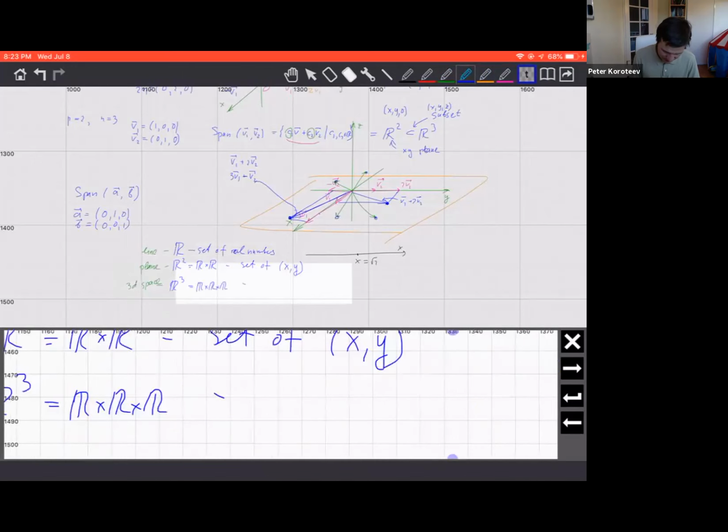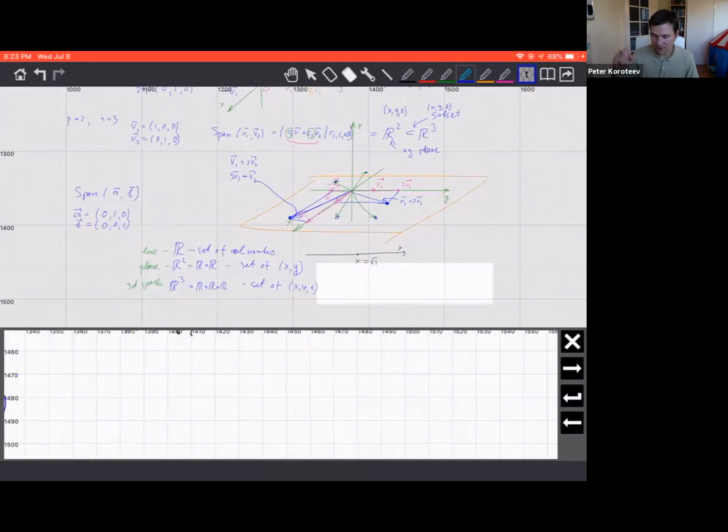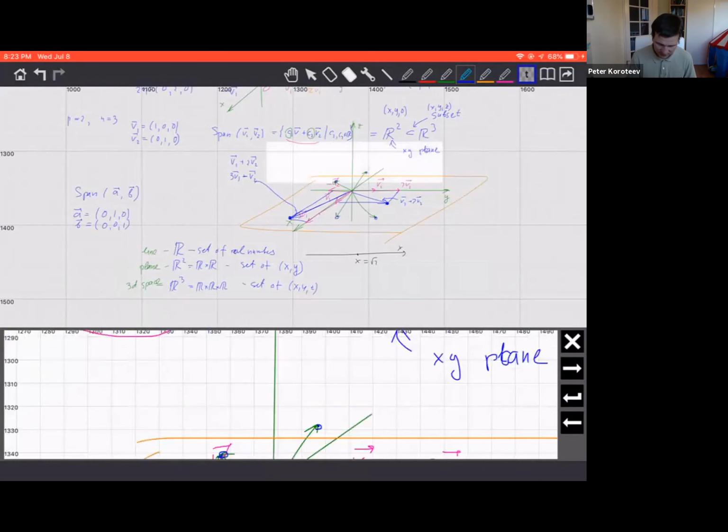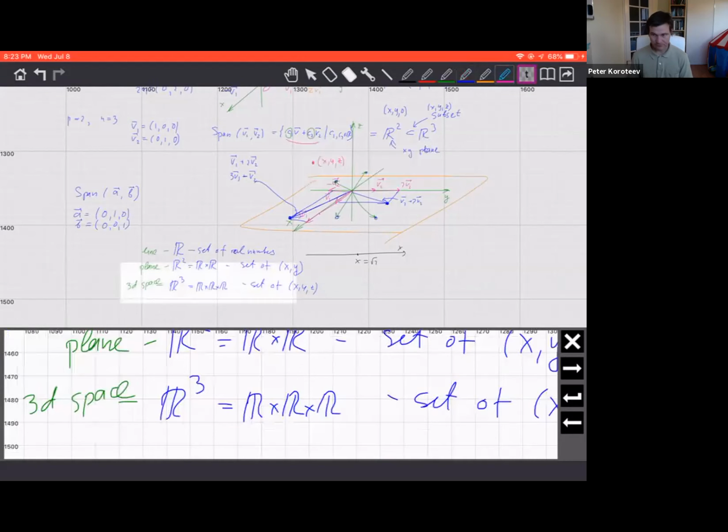It's the set of triples, x, y, and z, ordered triples, right? The order matters, such that x, y, and z, each of them is a real number. So every point in this three-dimensional space, say here, is represented by 3 real numbers. So we denote this R3. Does it answer the question?